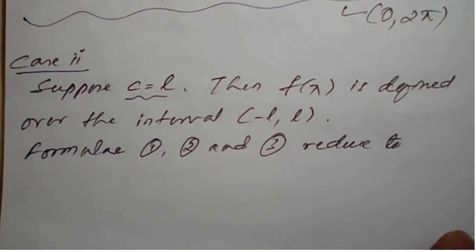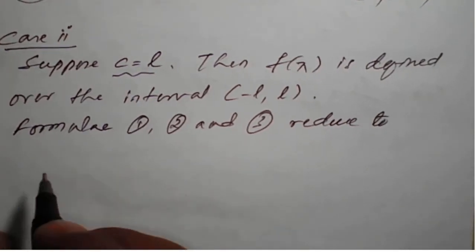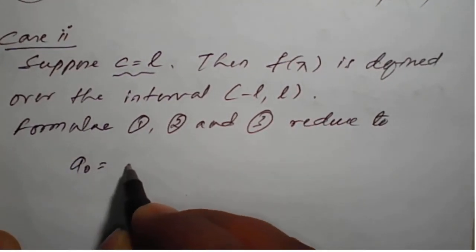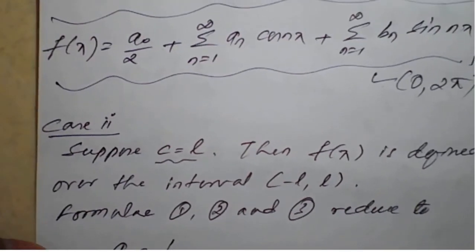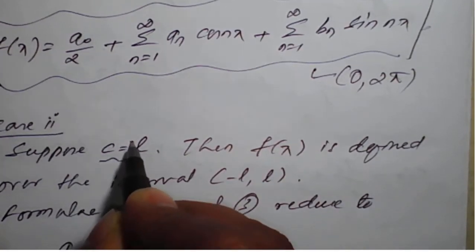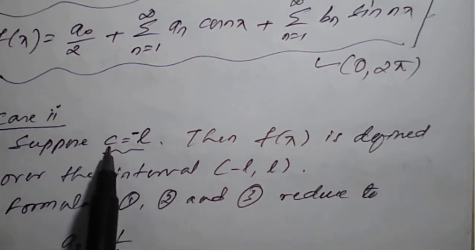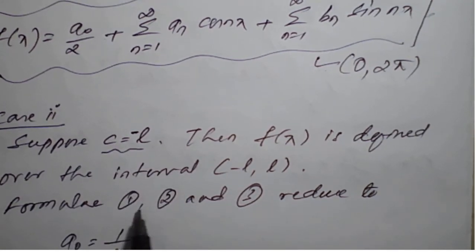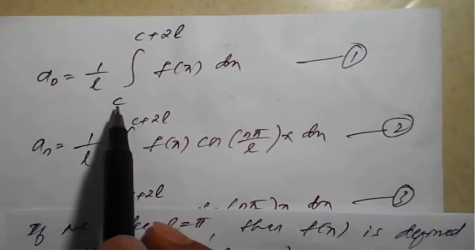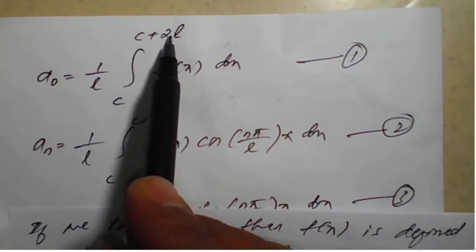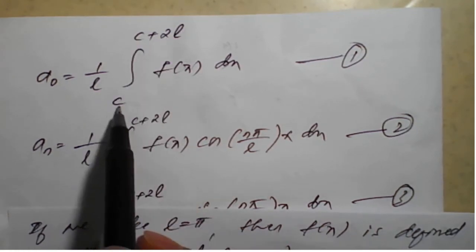We replace c by minus L, so minus L plus 2L will become L. So it will become minus L to plus L.